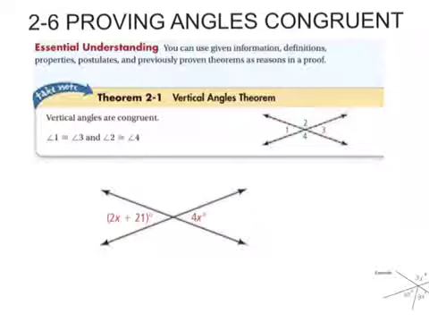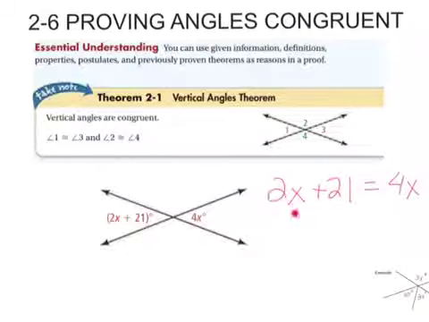So let's look at an example of how we can use the vertical angles theorem. In this example, we have vertical angles formed by two intersecting lines. So these two angles here are vertical angles. And because the theorem says that vertical angles are congruent, we can solve this by setting these two angle measurements equal to each other. Therefore, we could say that 2x plus 21 is going to be equal to 4x.